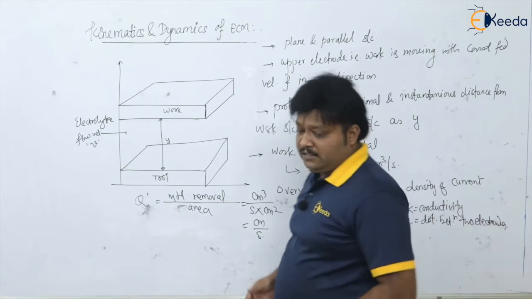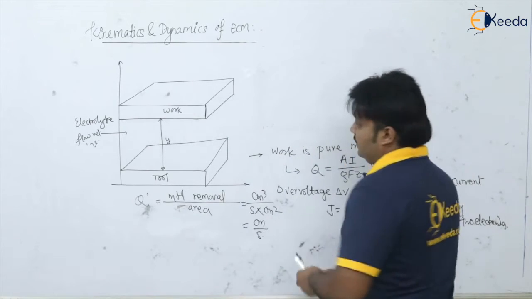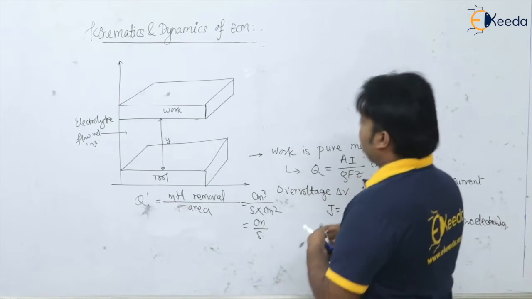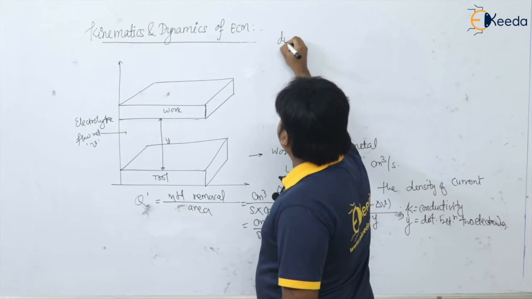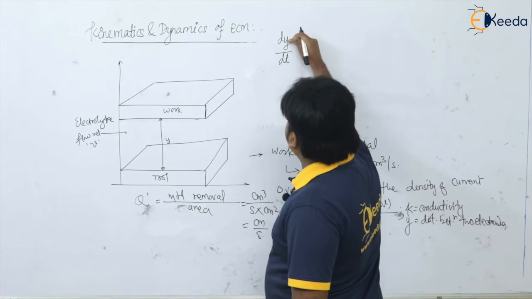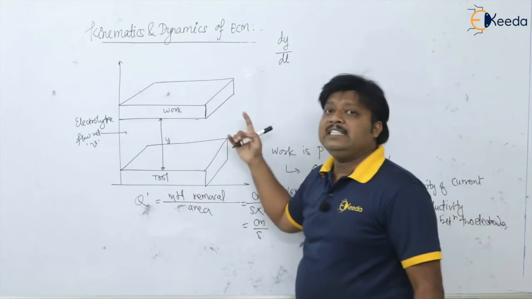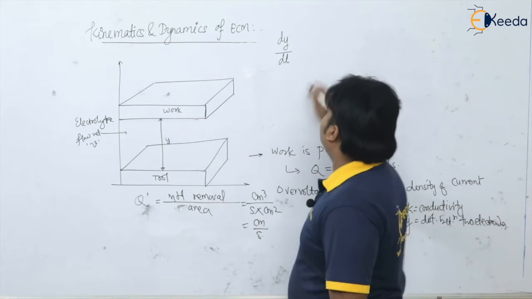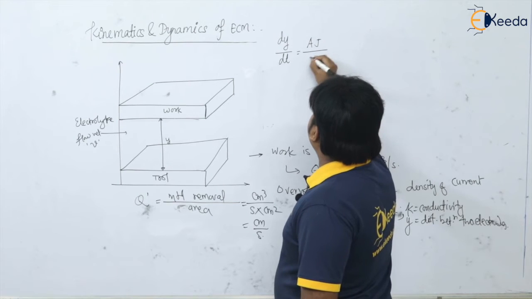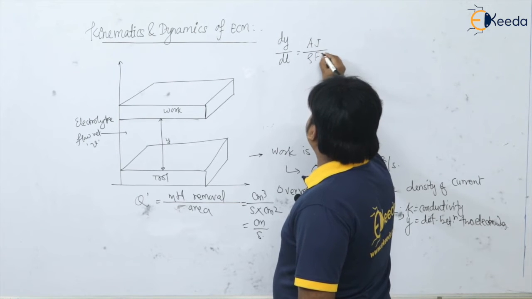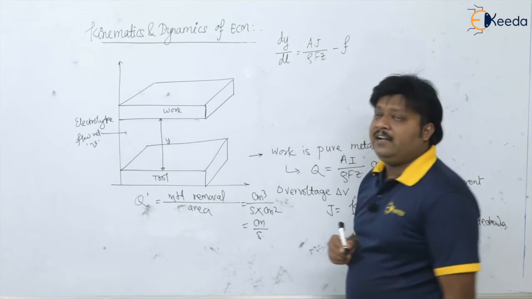How can we get this? The rate at which the gap between these electrodes is changing is given by dy by dt, that is the gap y changing with respect to time when material removal is starting, which is equal to aj divided by rho fz minus the feed velocity f.